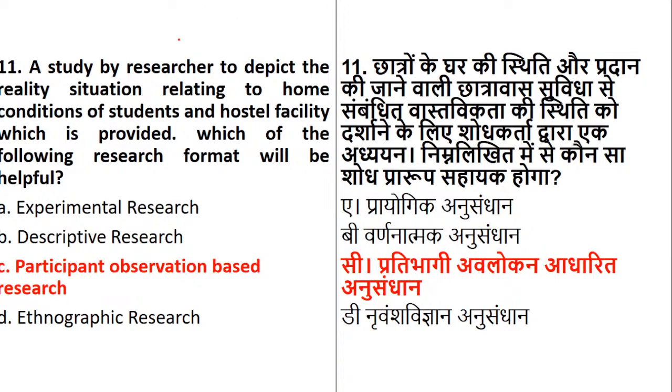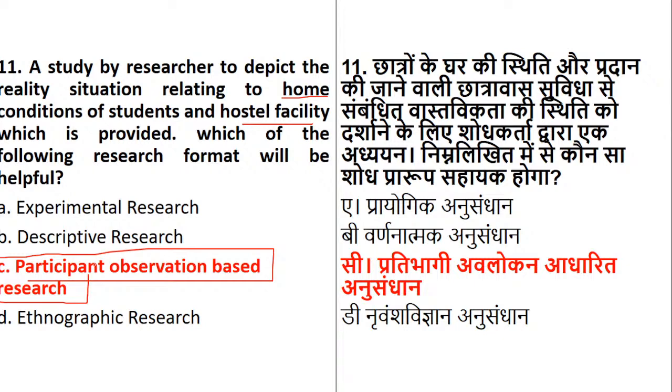It means that if a researcher wants to come up with the conclusion of comparative analysis between the home and the hostel facility, it is very important that the participant has to be observed: what exactly was the condition at their home place and the facility given in the hostel, and then come up with or depict the conclusion.